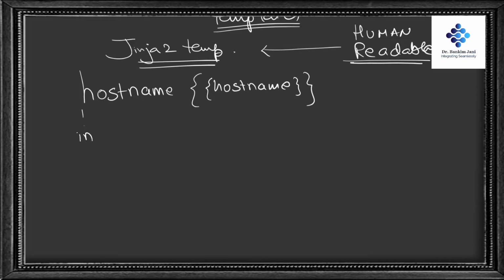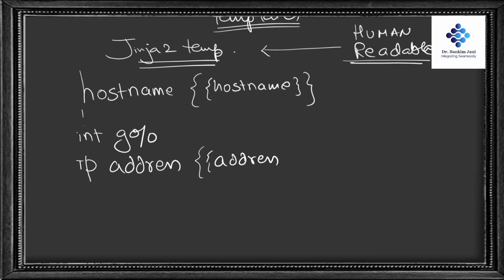We say interface gig 0/0. Every router will have this interface, but every router would have a different IP address. So we write IP address and then address 1, and then there would be some mask, so we say mask 1 and close it.